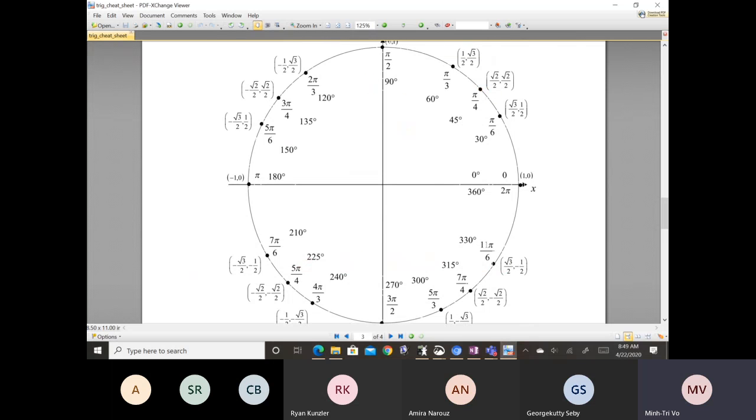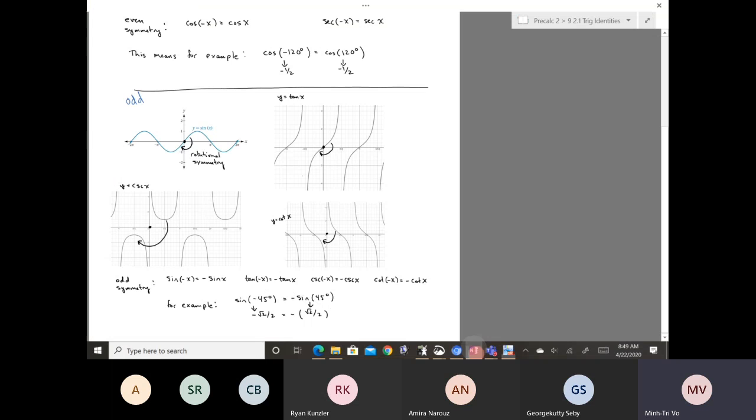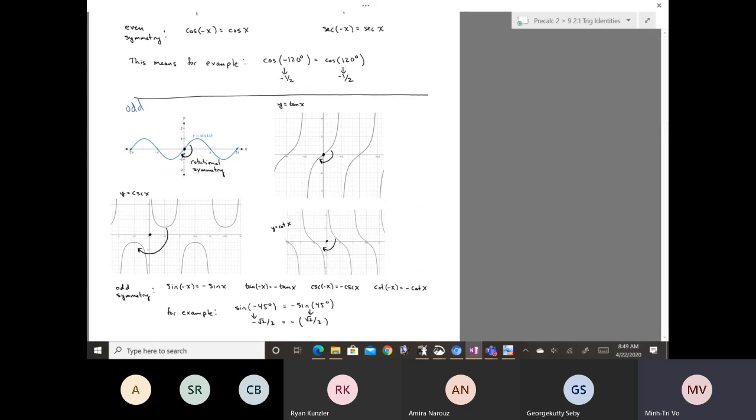It's essentially saying that the y-coordinate of the things on the top half are the opposite of the y-coordinate of the things on the bottom half. As you can see, the y-coordinate here is positive, the y-coordinate here is negative. The y-coordinate here is positive, the y-coordinate here is negative. That's what it's describing, at least in terms of the unit circle.